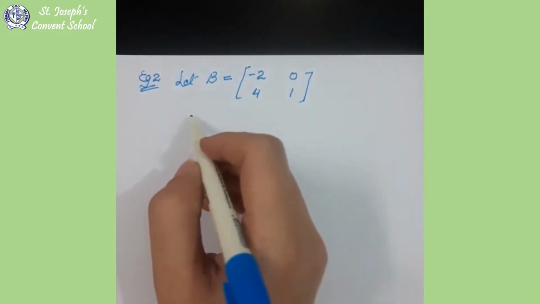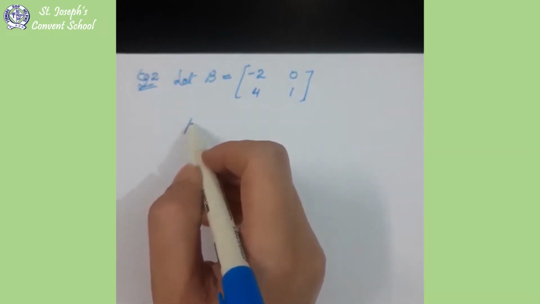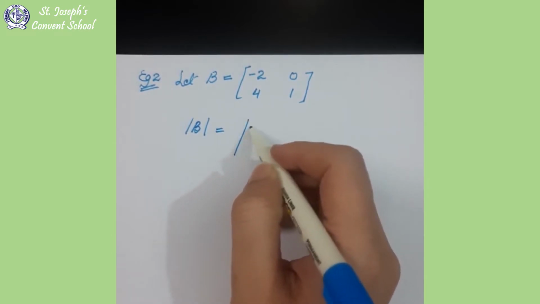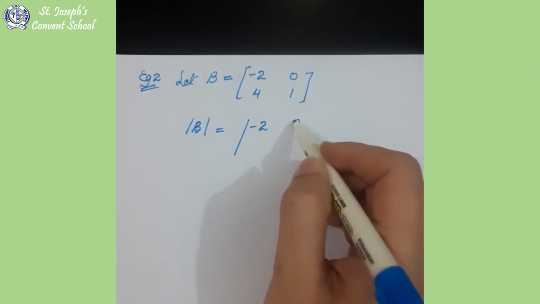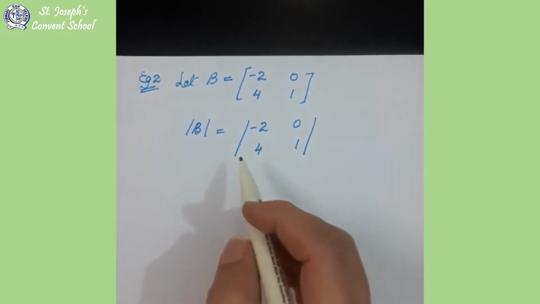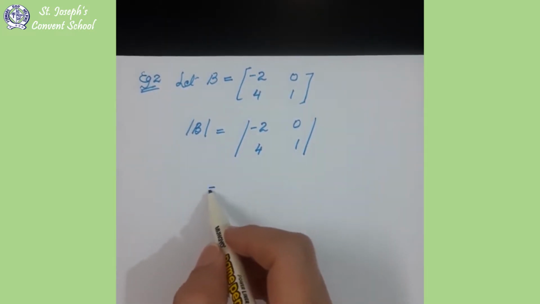Now how will you find the determinant? First you change it into determinant form. B is equal to minus 2, 0, 4 and 1. Now you can find the determinant of B.